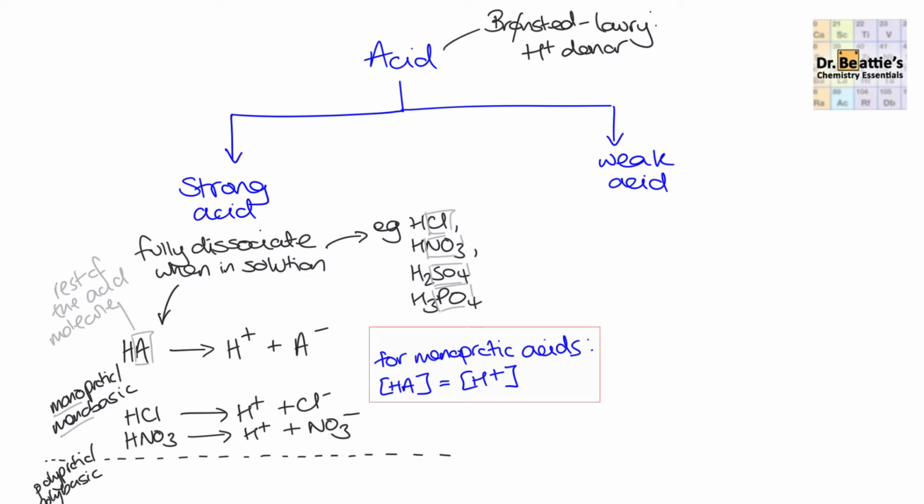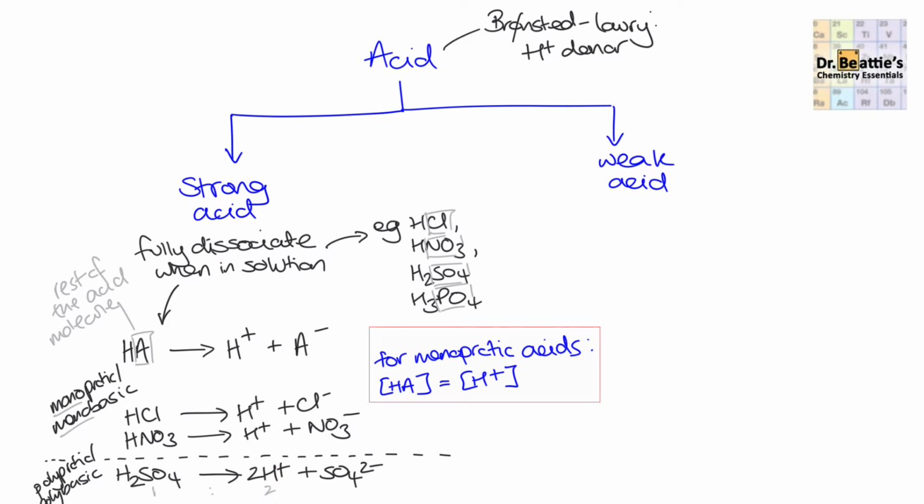You can also get polyprotic or polybasic acids. An example that we're going to look at is sulfuric acid and phosphoric acid. Now, sulfuric acid, because it has two hydrogens, can form two hydrogen plus ions on dissociation. This is called a diprotic or dibasic acid because it produces two hydrogen plus ions.